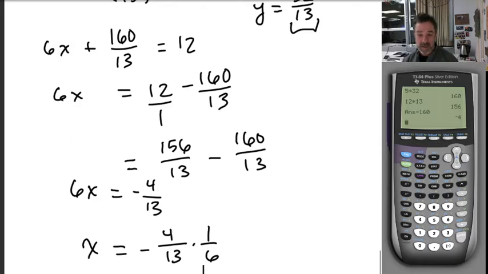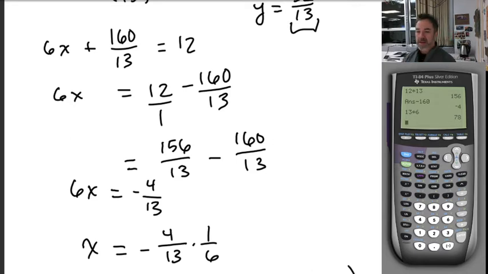So my answer is going to look like the number I get when I go 13 times 6. 78. There we go. So it looks like my answer for x is negative 4 over 78. That's crazy. So as an ordered pair, the solution to this system is x is negative 4 over 78, and y is 32 over 13.